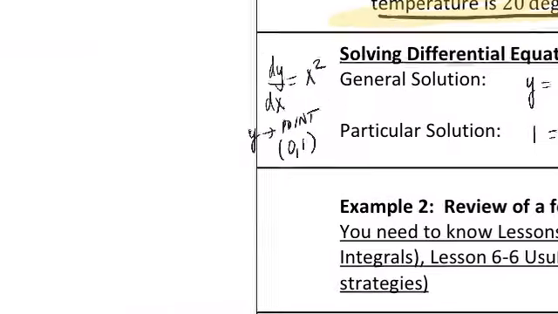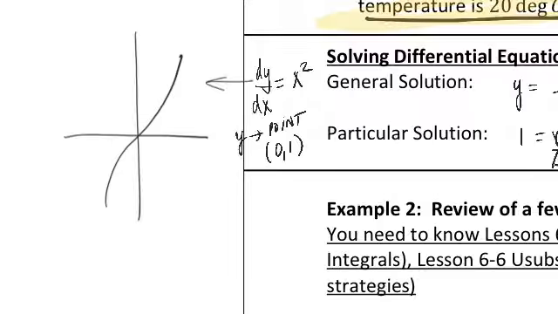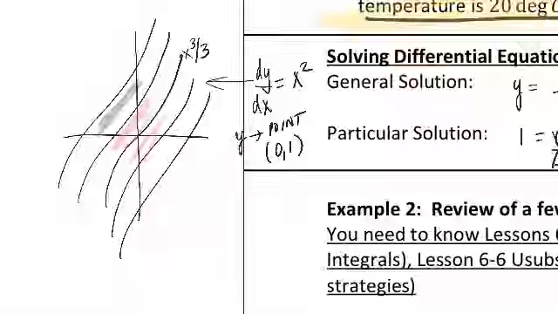What does all this mean? This means that this equation has a whole family of curves that look something like this, right? x cubed over 3 plus c would be any of these curves, and there'd be an infinite family of those. There's lots more curves that I'm not drawing that are in here and in here, and there are just a whole infinite family of curves with that shape, and all of them would have a derivative that has the shape of x squared.